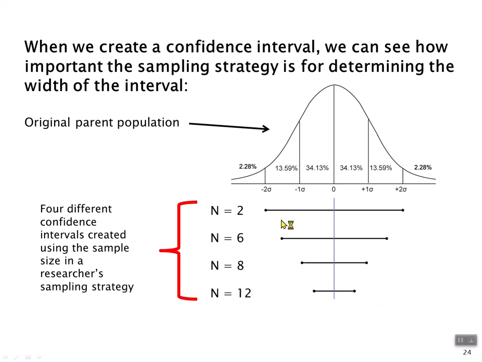You can think of it this way too. If you're sampling with a sample size of 2, those 2 people can come from anywhere in here, and the chances are that they're going to come from around this region, but the combination of getting 2 people from down here or 2 people from up here is not that unusual. But as you increase the sample size, it becomes progressively more and more unlikely that you pull all 12 people from up here or all 12 people from down here.